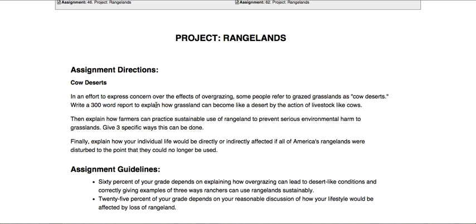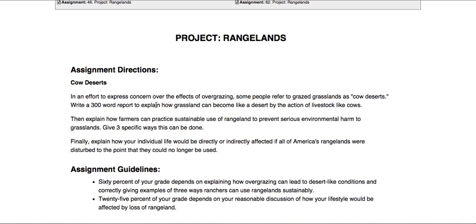First, it asks you to explain how overgrazing can lead to desert-like conditions. So again, I would suggest going back into the lesson if you're unfamiliar, look up that area on overgrazing and summarize that for me in 3 to 4 sentences about what overgrazing leads to in terms of the rangeland. That's the first part.